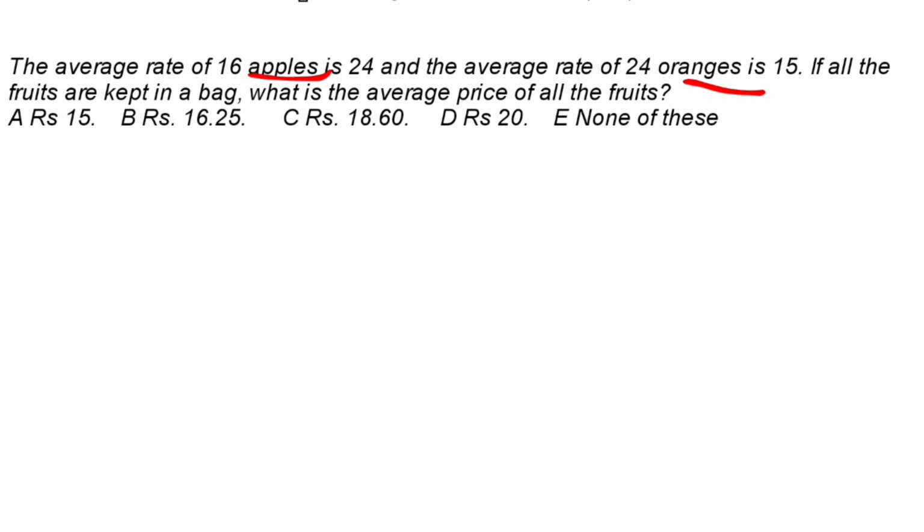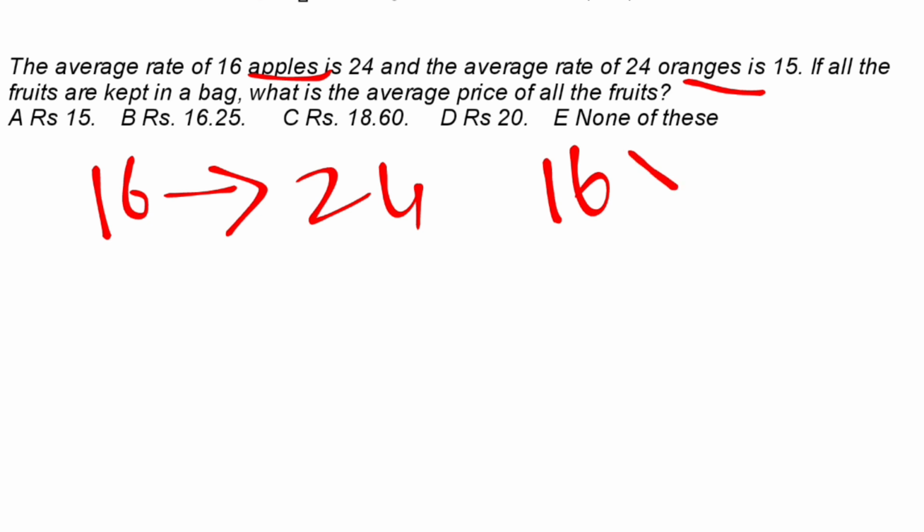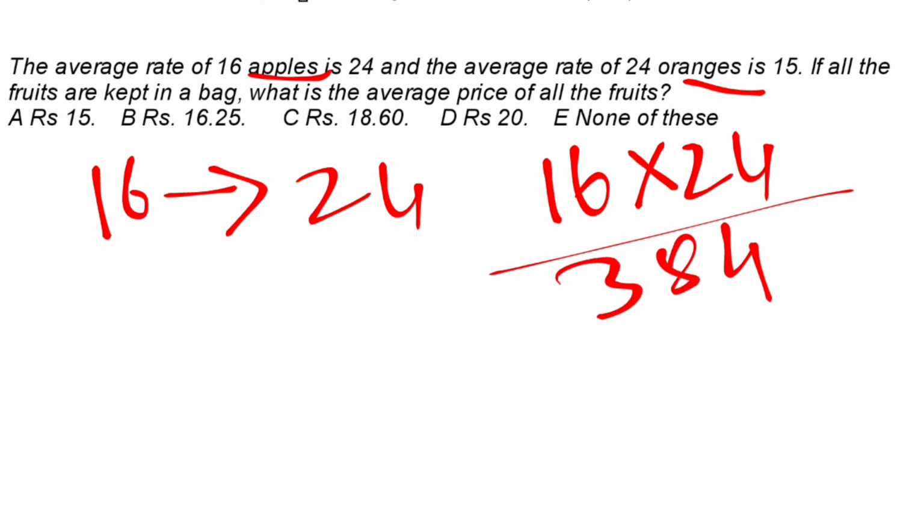For the 16 apples with average 24, the total value is 16 into 24, which is 384.